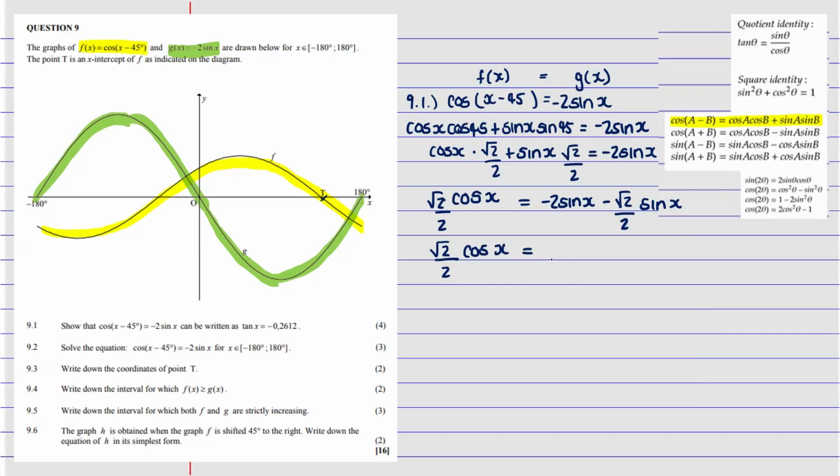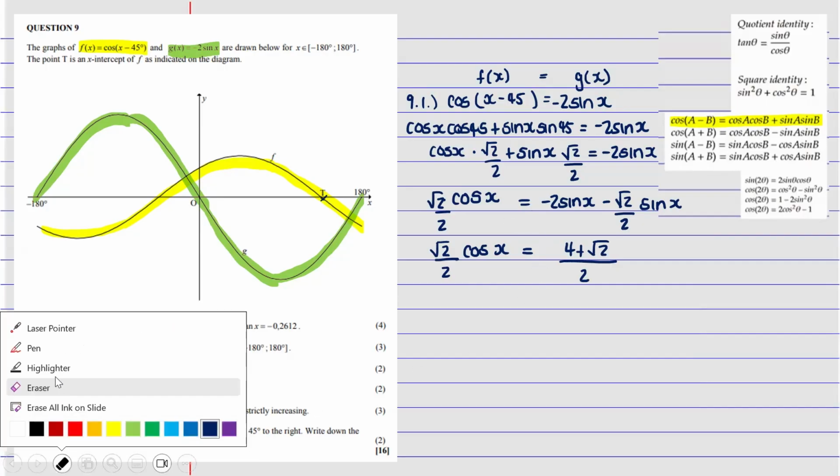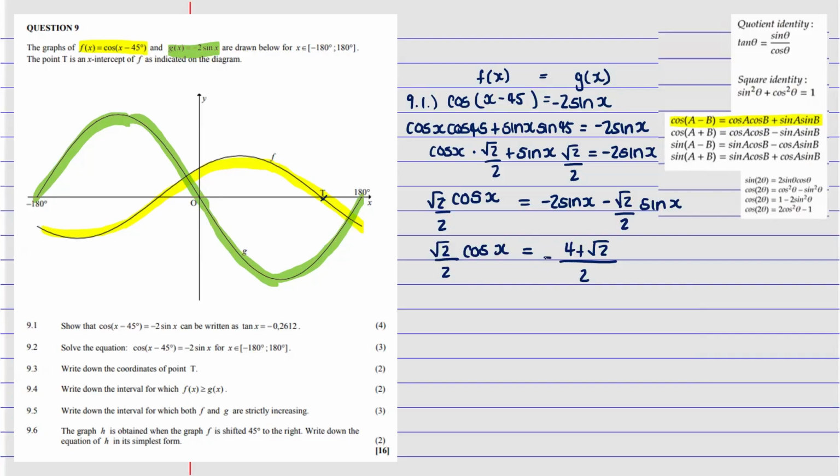When we add this together in the calculator, not taking the sign into account, it's going to be -4 plus root 2 divided by 2. Is everyone okay so far? And this negative is for the whole fraction, so that you guys are not confused. Is everyone okay so far? Yes, ma'am. And this is going to be sine x.